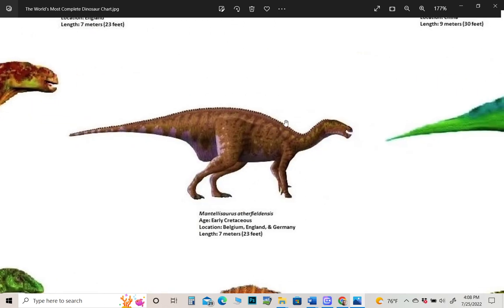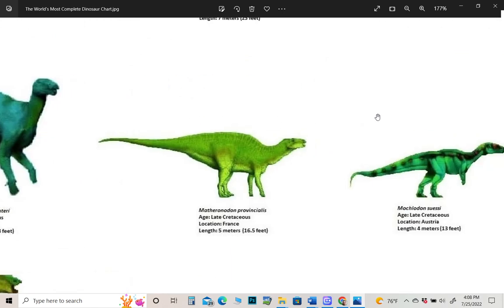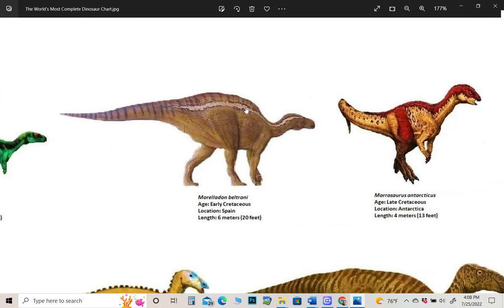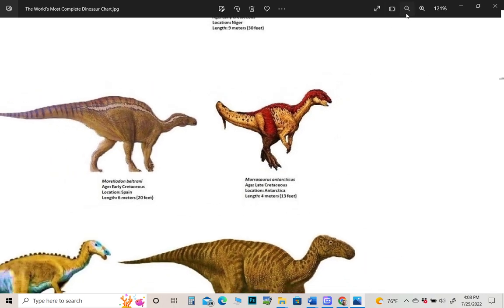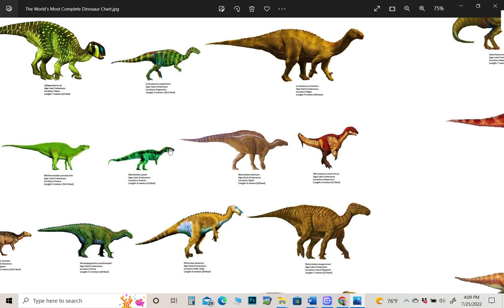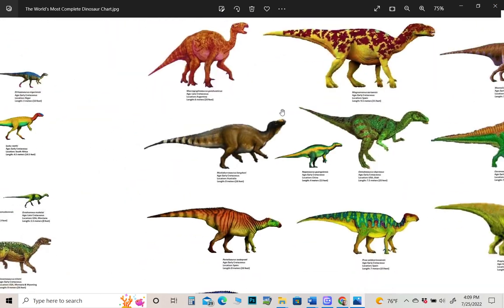Megnomanus, Mantellisaurus, Mantelodon, Matheronodon, Moclodon, Morellodon, and Morosaurus, which is one of the ones from Antarctica. Or 3 ornithopods from Antarctica, I believe. It was 3, yeah. Okay, so we got Morosaurus.